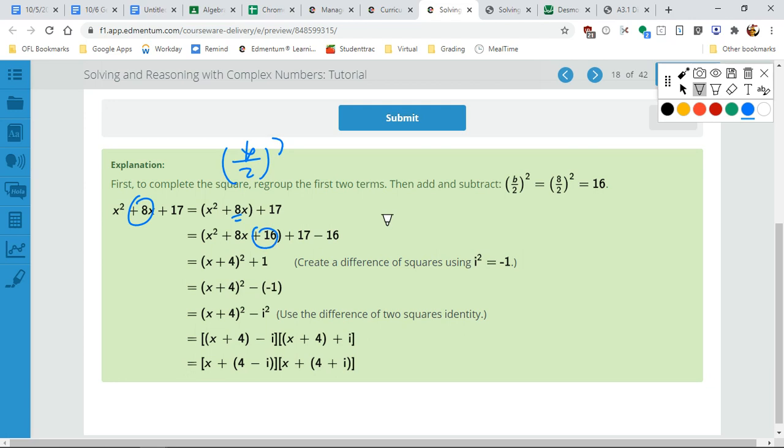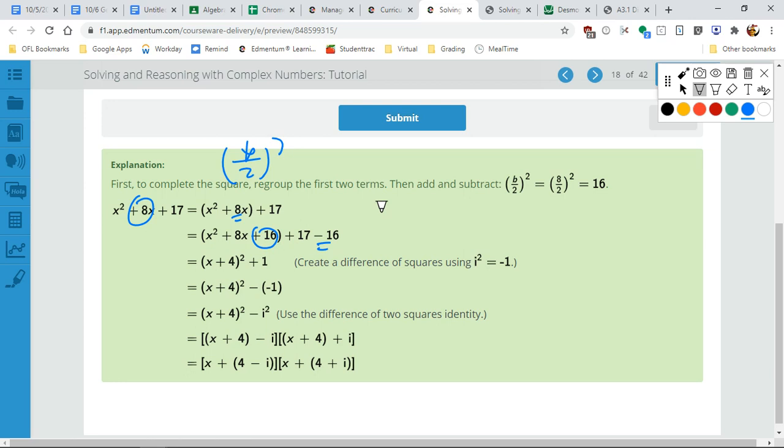Now, the thing is, you can't just create a number out of nowhere. So, in order to balance out this positive 16 that you made up out of nowhere, you're going to have to subtract 16. Well, from here, this ends up being a 1.